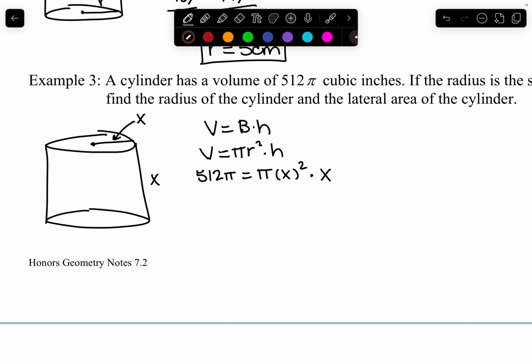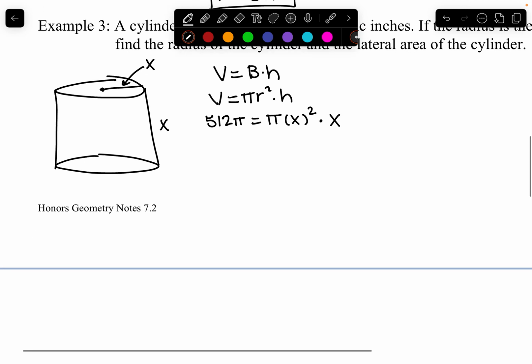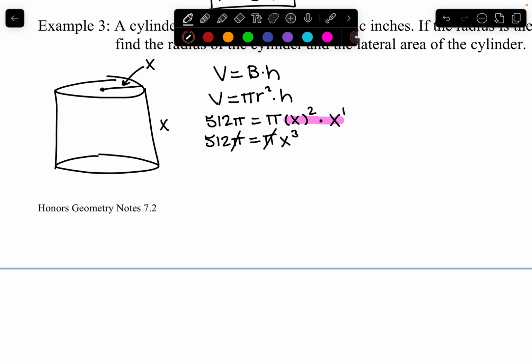So now I'm just going to simplify. We have 512 pi equals x squared times x is x to the third, in case you have forgotten your laws of exponents rules. When you multiply like bases, you add your exponents together. My pi's cancel, and now I have x to the third equals 512. So we now have to cube root both sides.